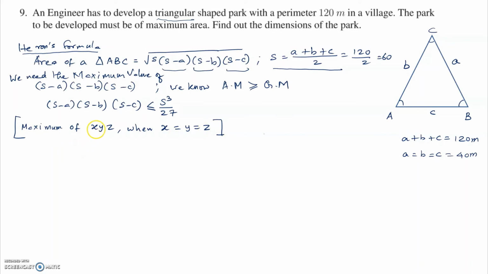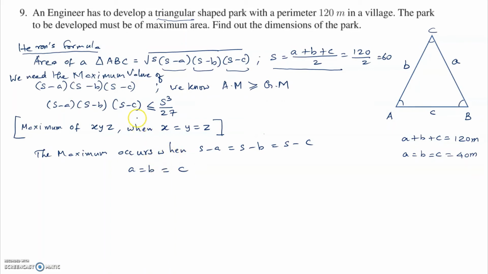So from this we can say the maximum occurs when S minus A is equal to S minus B is equal to S minus C, which can happen only when A is equal to B is equal to C.